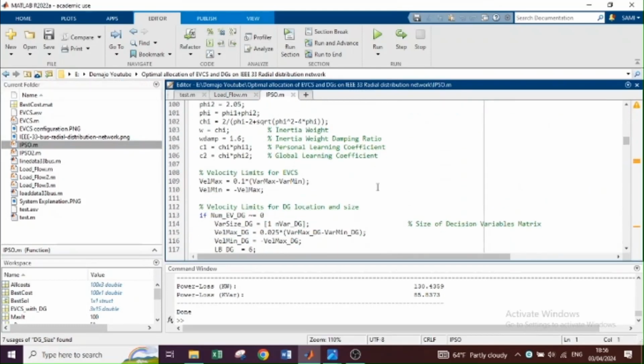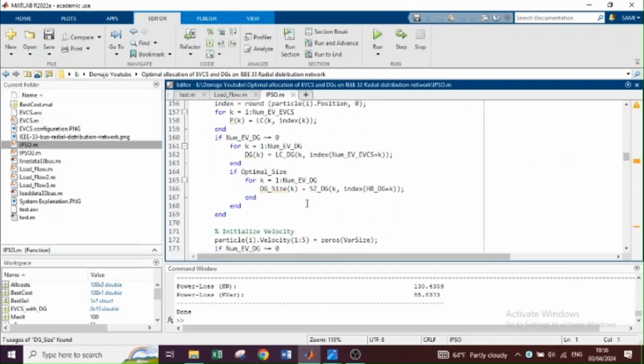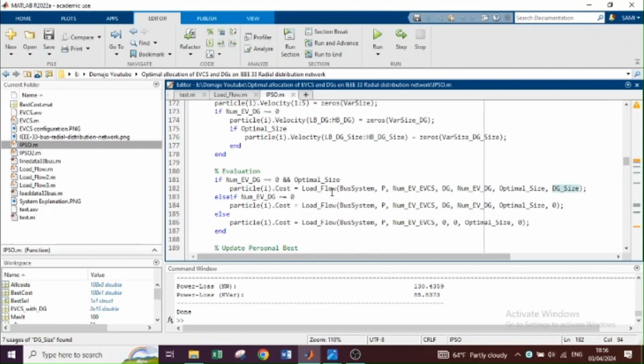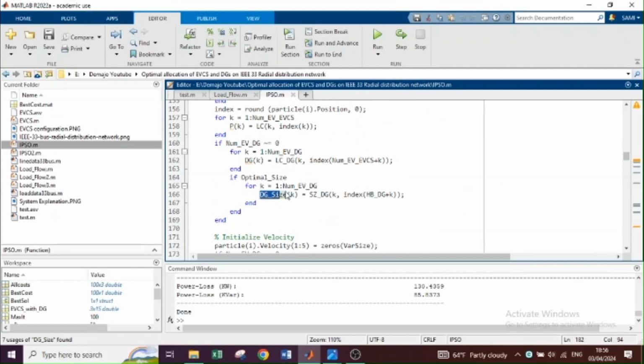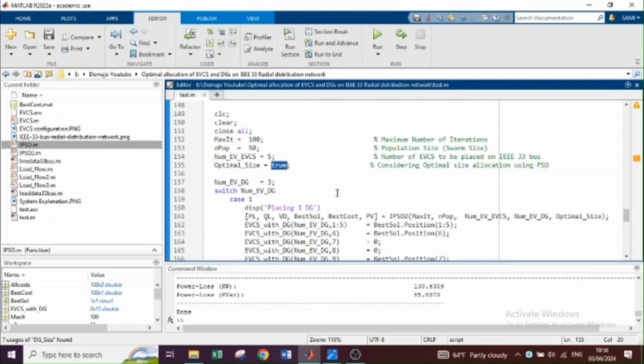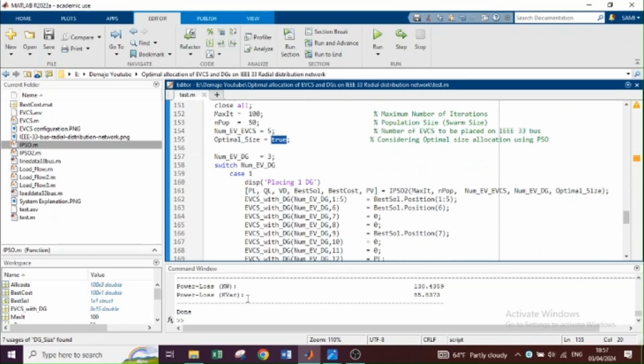In the IPSO code, there is a section regarding load flow, and as you can see, when the number of DGs is not equal to 0 and the optimal size is true, DG size is selected from the SC_DG index, one of the indexes determined by the IPSO, which determines what the size of the DGs would be.